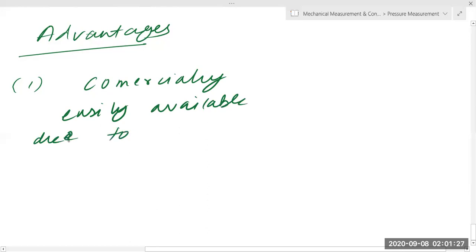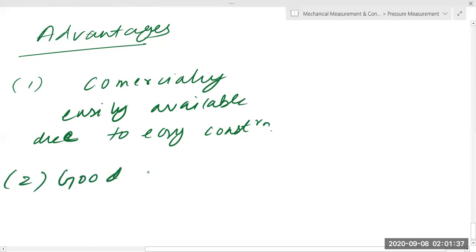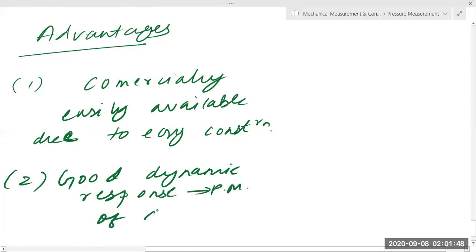The next thing I would like to tell you is that it has good dynamic response. That means it can be used for pressure measurement of dynamic nature.